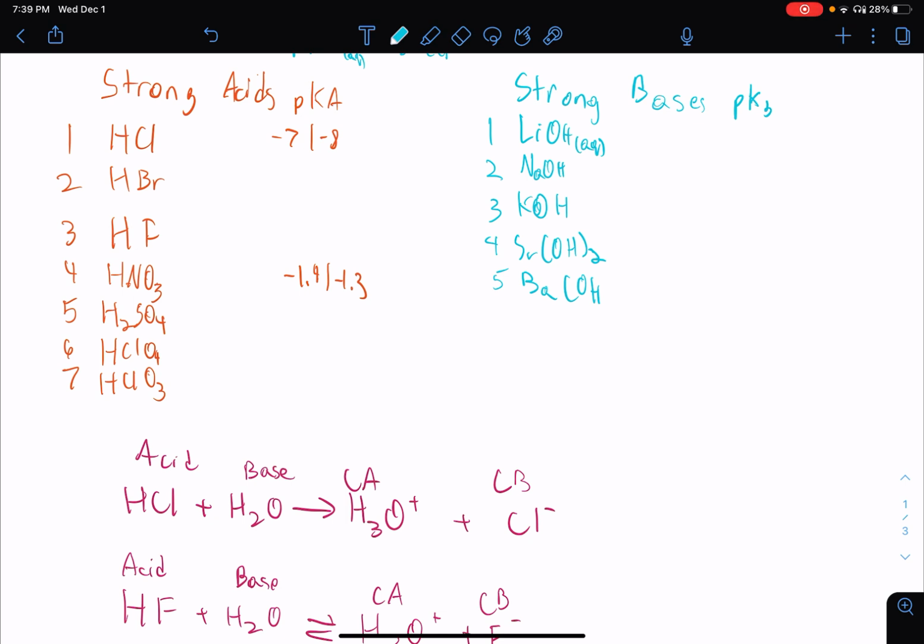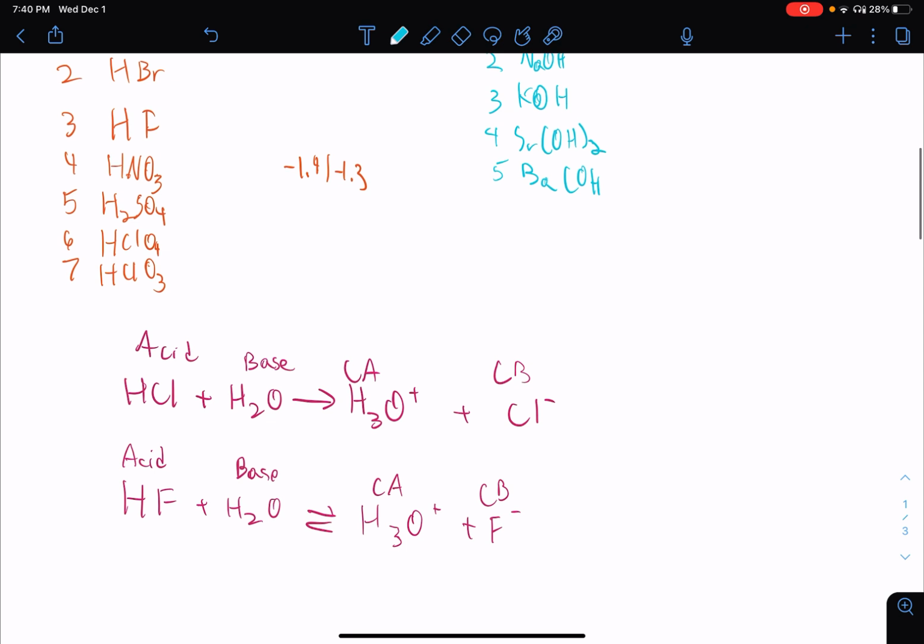And now let's talk about it in terms of acids, bases, and their conjugate acids and conjugate bases. So a conjugate acid is the compound that takes the proton, that holds on to it. For this case, it was HCl and water. It is H3O+, so hydronium. So the water takes it.